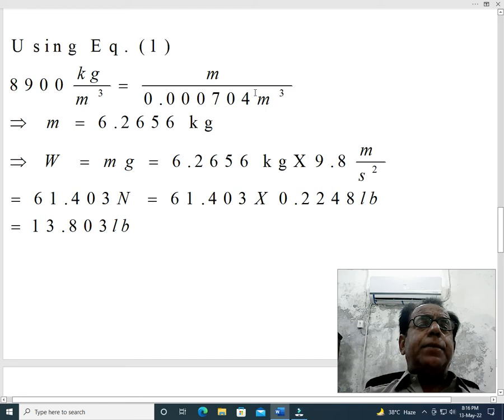So dear students, here meter cube will be cancelled out with meter cube. In order to justify this step, we can argue that we multiply both sides with meter cube. So both sides meter cube will be cancelled out. And simply mass m will become equal to this value, 6.2656 kilogram.